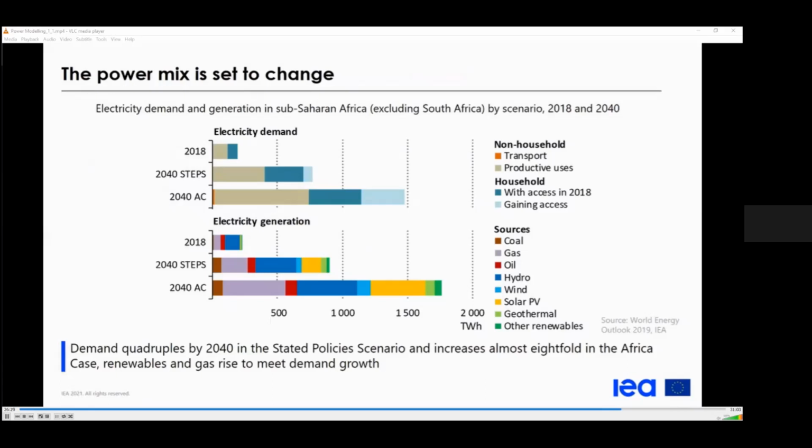Here on the top, we can see the evolving demand over the period and for different scenarios, and how electricity is generated, what are the different sources of electricity in those three scenarios, the stated policy scenario, the Africa case. We can see clearly that in the Africa case, demand increased almost eightfold, and here gas, wind, and solar are meeting most of the demand growth.